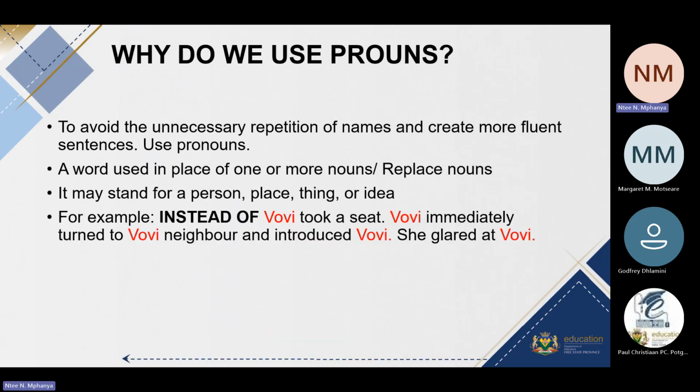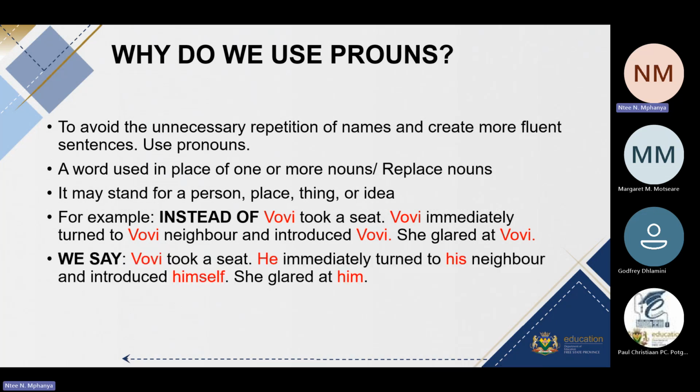For example, instead of "Vovi took a seat, Vovi immediately turned to Vovi's neighbor and introduced Vovi. She glared at Vovi." Can you see the repetition of Vovi here? Pronouns will assist us to avoid such unnecessary repetition. You would rather say or write it as, "Vovi took a seat.